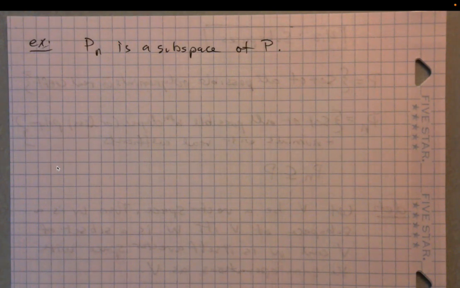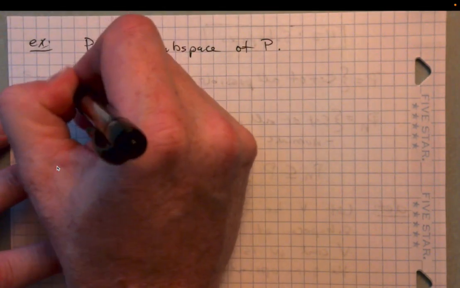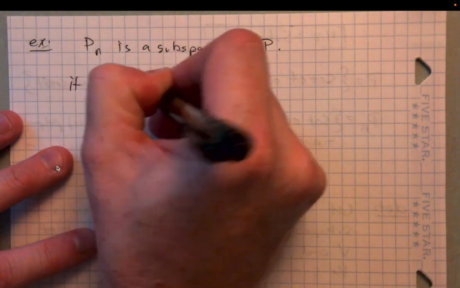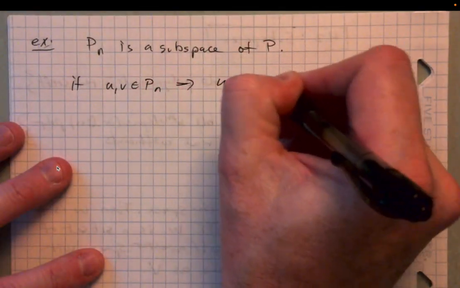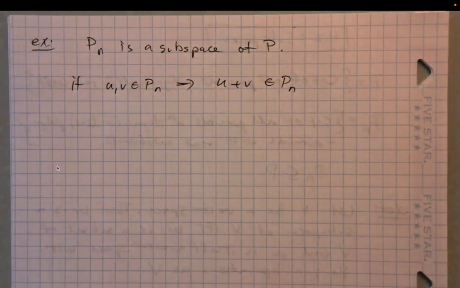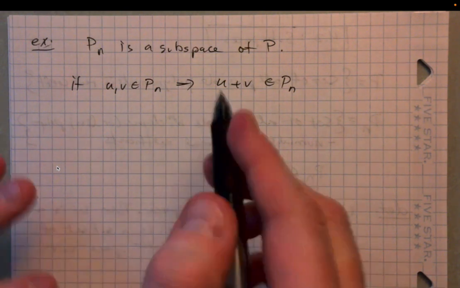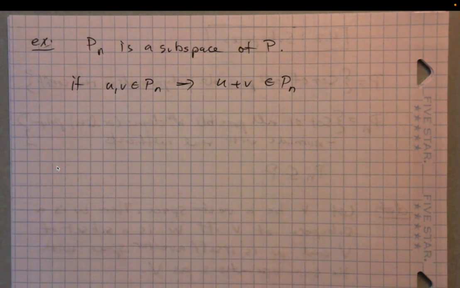But the thing to notice with the subspace is that specifically, if you have two vectors in P sub n, then u plus v is going to stay in P sub n. And specifically, what that means in the case of P sub n is that the degree of u plus v does not increase.